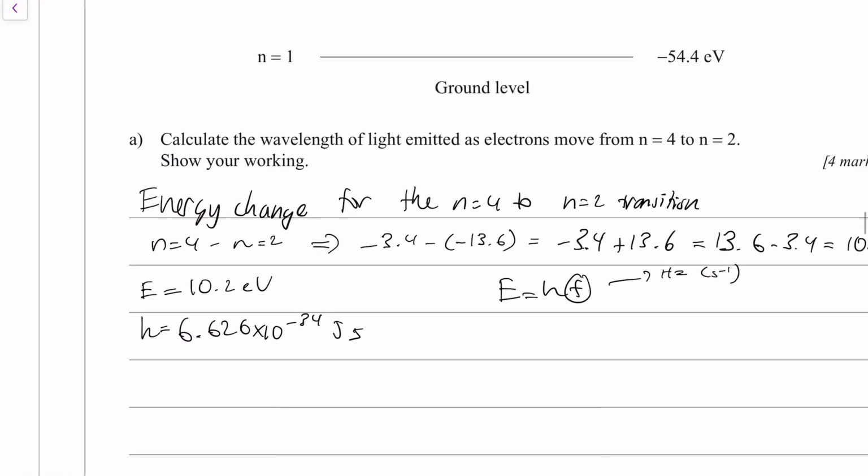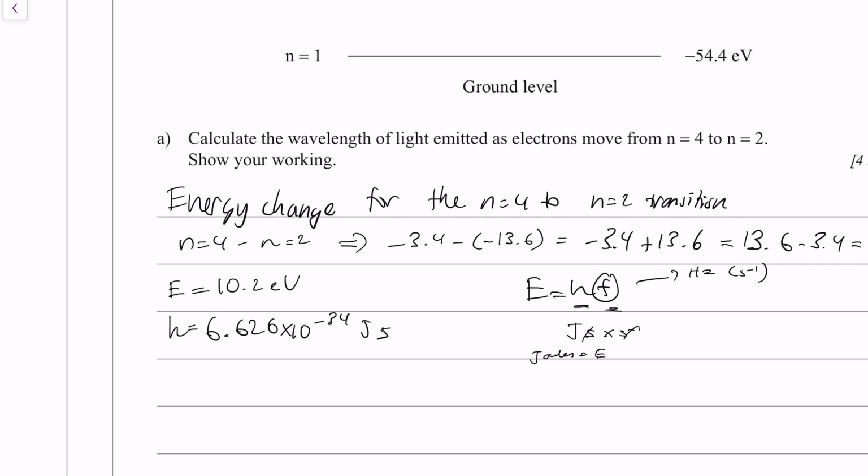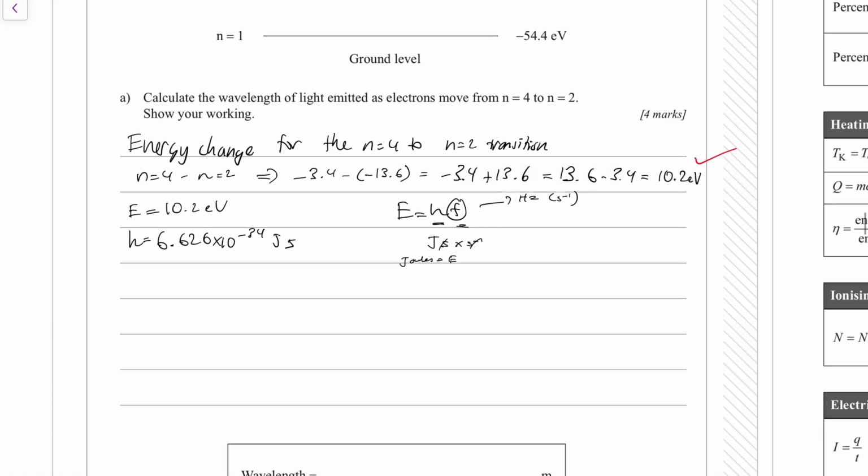If we put our units in, h is joules times second, and we times it by a unit for per second, we're only left with joules for the energy. As the unit for energy is joules, we need to make sure our energy is not in electron volts but in joules.